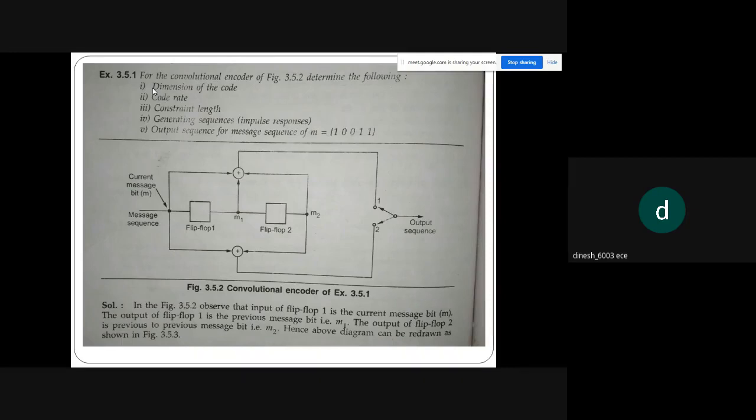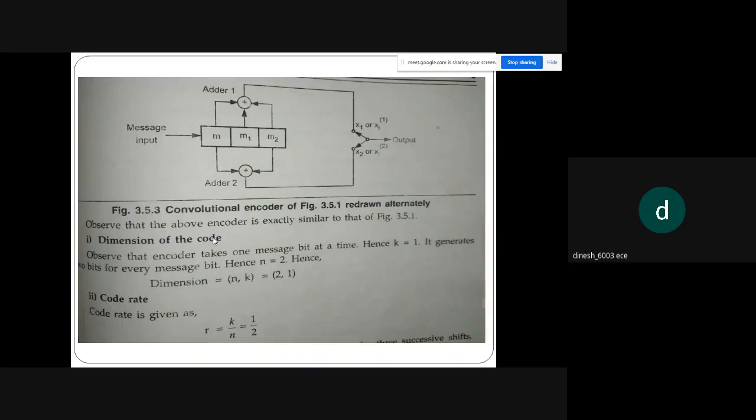Then you can observe that there is a message sequence also. The message sequence is your M, which is 1 0 0 1 1, going to be applied here. So the current message bit is M. Totally we'll have 3 blocks, which are M, M1 and M2, which I'll show in the next slide. So we'll have M, M1, M2. So this is present.